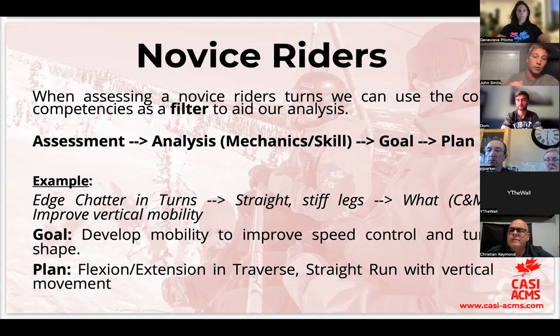So by going through, get a little bit of practice on that, get them through the exercise, give them some feedback on the exercise, practice the feedback, and maybe a couple times through the training cycle. And then they should be ready to put that back into their riding and hopefully take the chatter out of those turns. So moving on to the next slide, please.